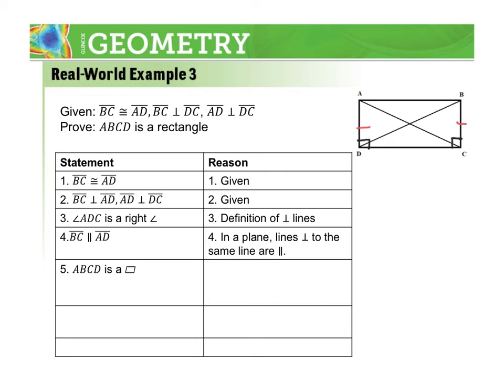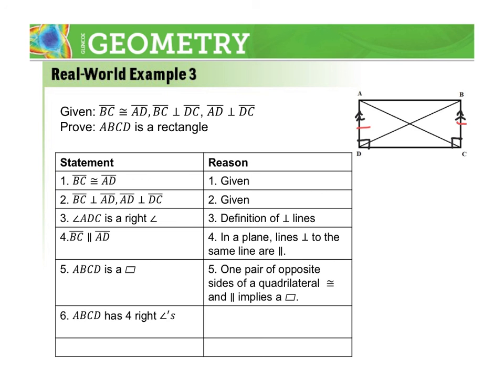Segment BC is parallel to segment AD because in a plane, if lines are perpendicular to the same line, they're parallel to each other. Then what's the reason that we can say that ABCD is a parallelogram? Since segment BC is congruent to segment AD, and segment BC is parallel to segment AD, then ABCD is a parallelogram.